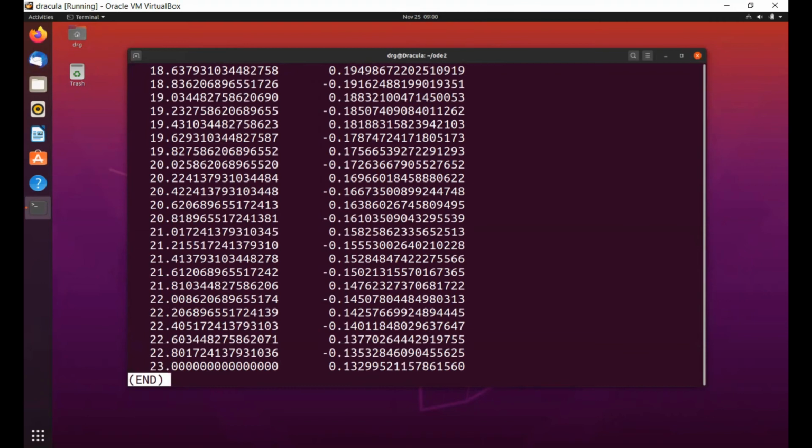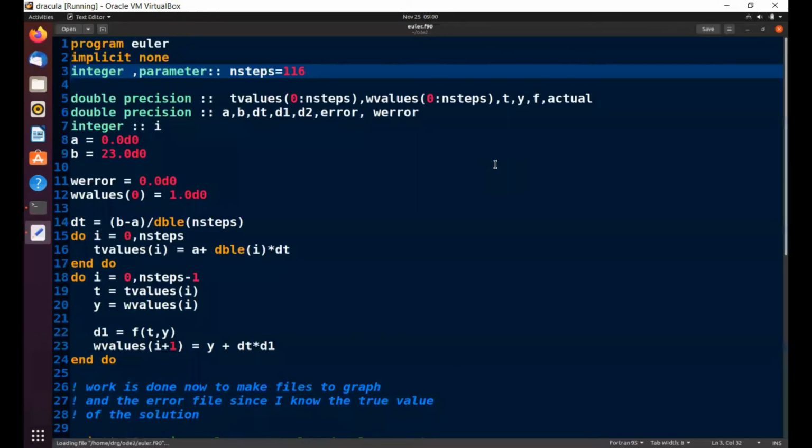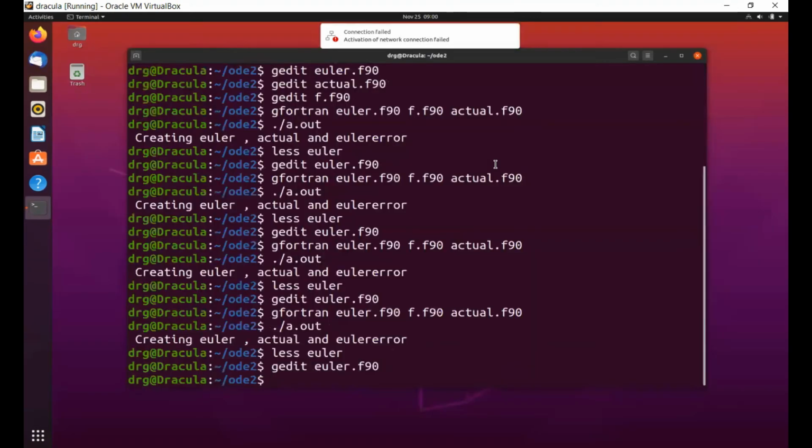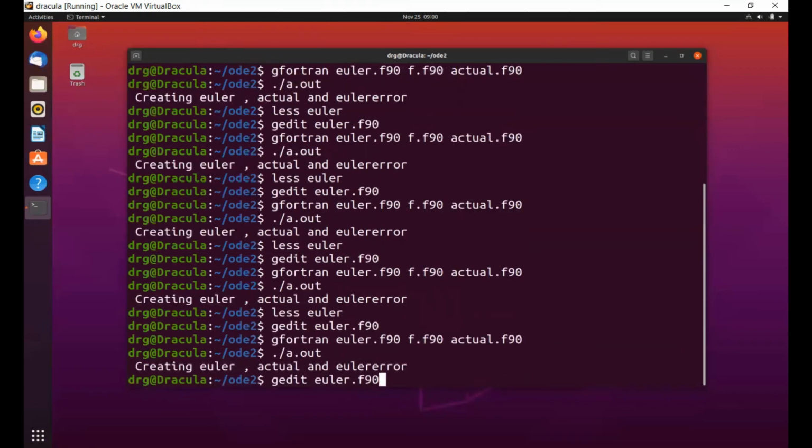What if we do exactly n steps equals 115? The prediction is that we are not going to see this nice 10 to 0 type behavior. On the other hand, we're right on the edge, so it'll be interesting to see what happens here.